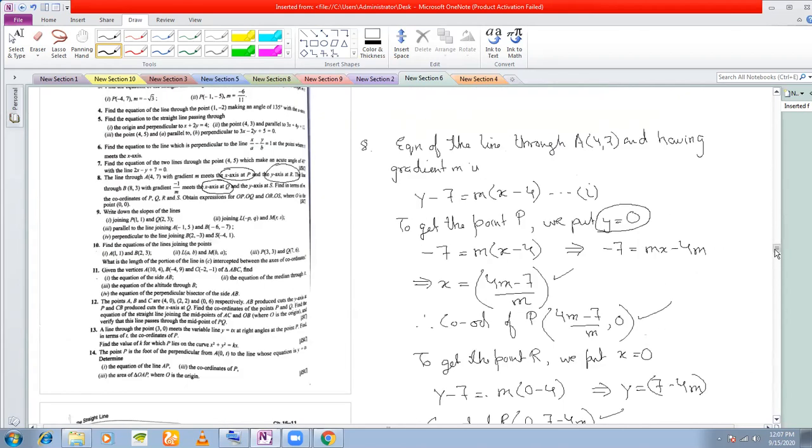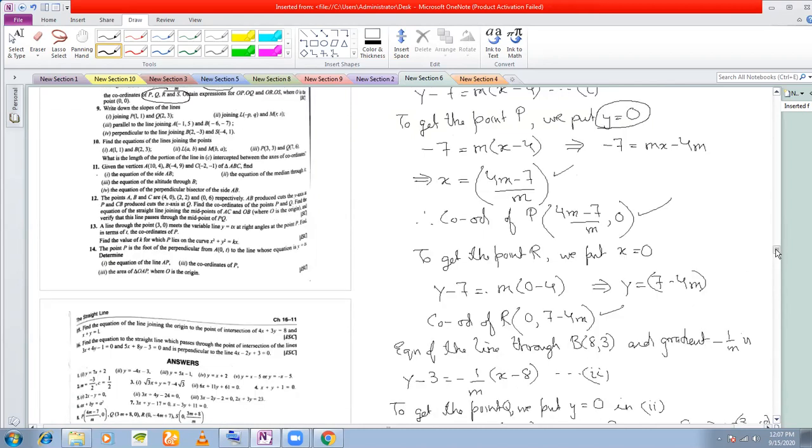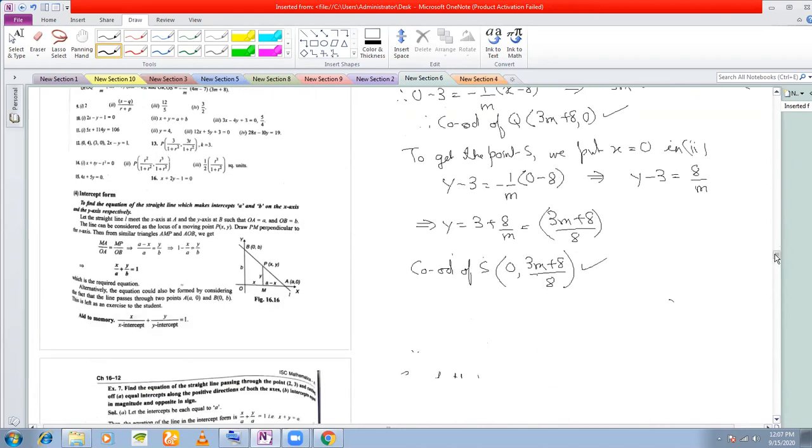Okay. So now let's see what is given. Find in terms of m the coordinates of P, Q, R and S. I have finished this part of the question. Next, obtain expressions for OP, OQ, OR and OS, where O is the origin (0, 0). This is fairly simple. What is OP?